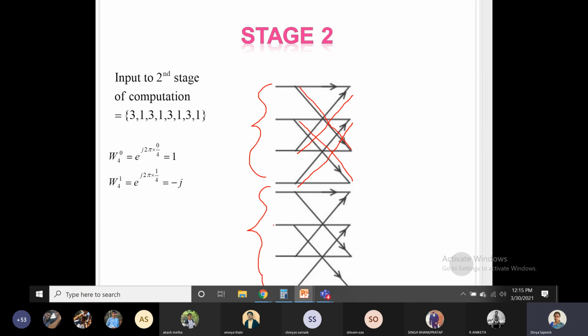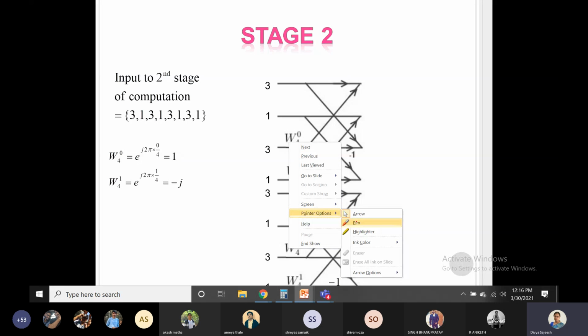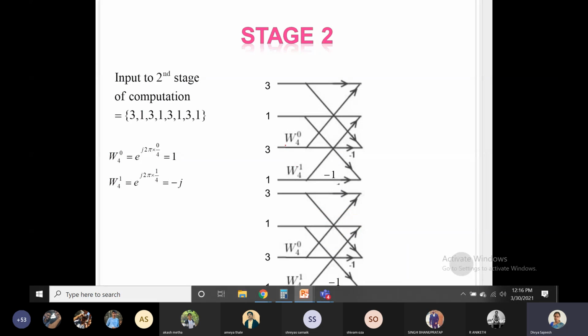Now I have to insert the twiddle factor here. Where will I insert it? Let us first insert the inputs: 3 1 3 1, all these are your inputs. Now, where does the twiddle factor come? The twiddle factor will be multiplied with the third input.